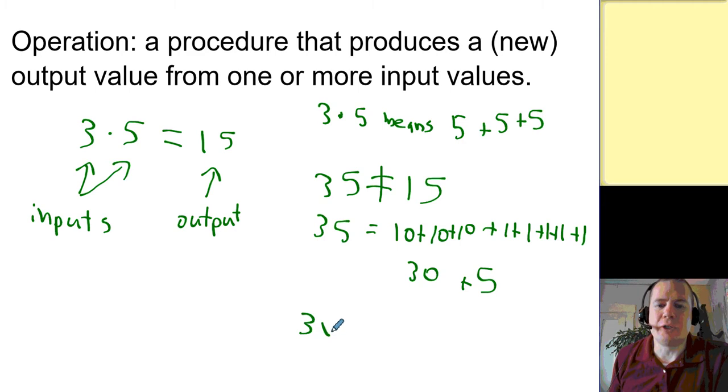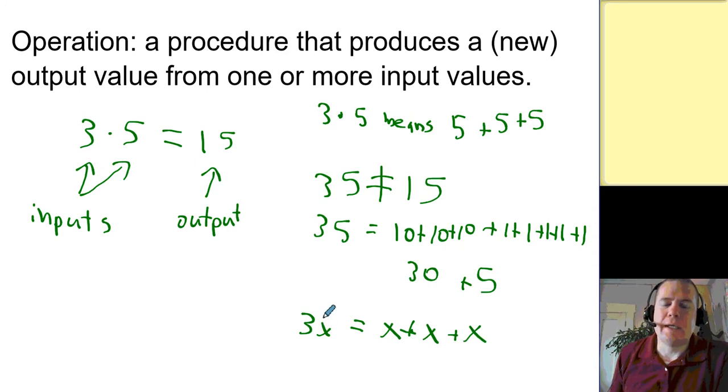But if I have 3x, that does mean, not times, x plus x plus x. Right? So in our symbolic rules here for what symbols mean what, we've decided that when we have a number next to a variable, we don't have to put the multiplication symbol. But if we have two numbers next to each other, we do have to put the multiplication symbol.